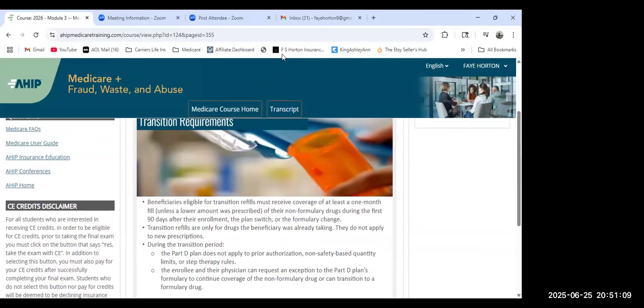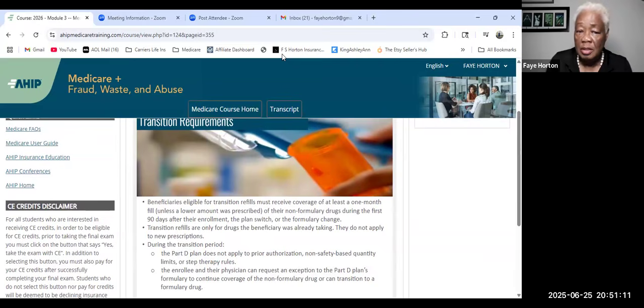The transition refills are only for drugs that the beneficiary is already taking. They do not apply to new prescriptions. During the transition period, the Part D plan does not apply prior authorization, non-safety-based quantity limits, or step therapy rules.